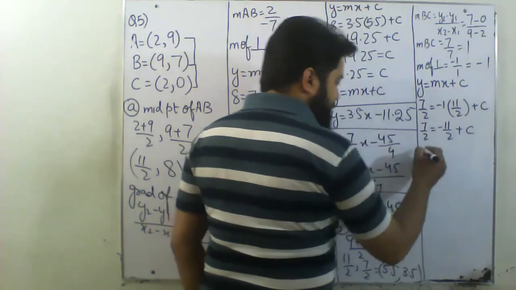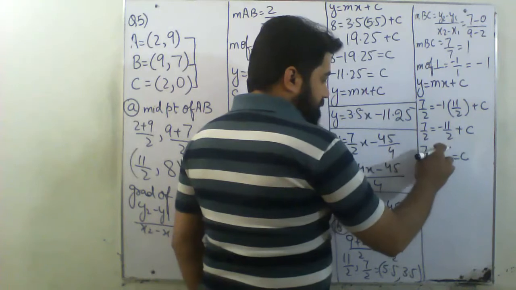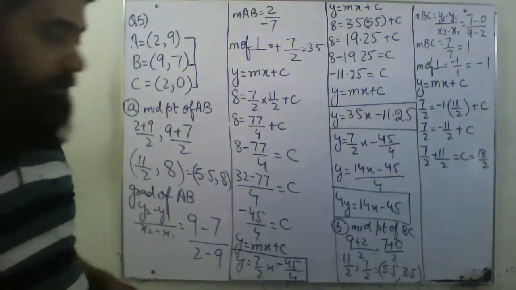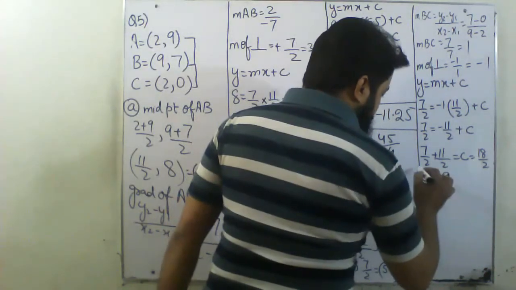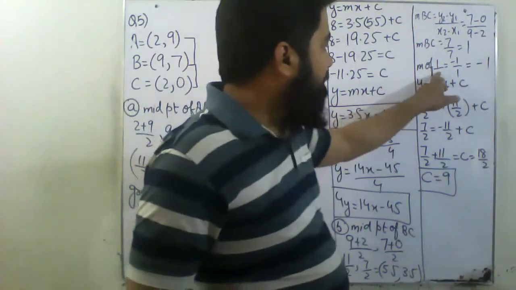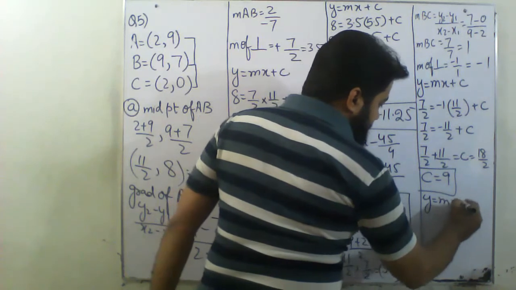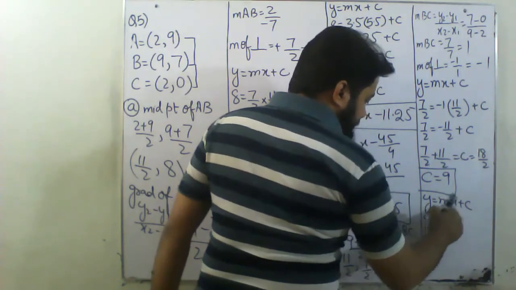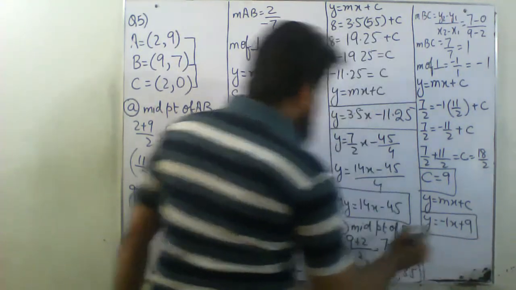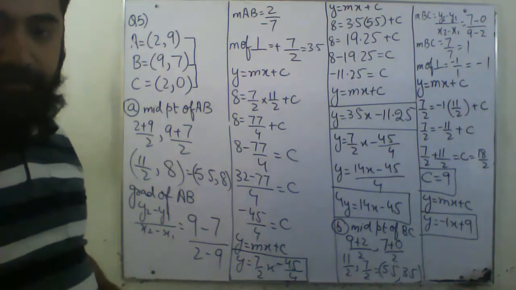Minus 11 over 2 will be shifted over here, so 7 over 2 plus 11 over 2 equals c. 7 plus 11 will be 18 over 2, and the result will become c equals 9. So I've got c as 9 and m of the perpendicular as minus 1. So y equals mx plus c, y equals minus x plus 9, and that is the equation of the perpendicular bisector of BC.